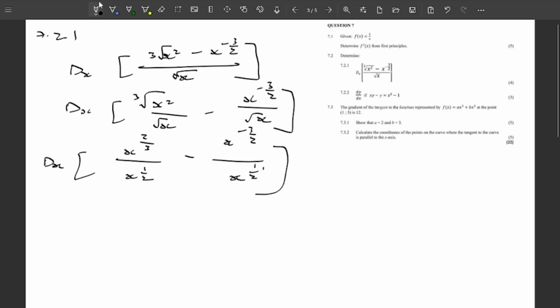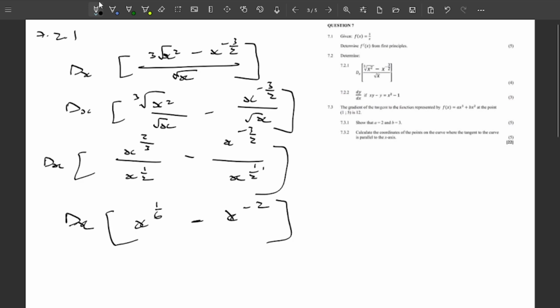So 2 over 3 minus 1 over 2 gives 1 over 6. So here it's going to be x to the 1 over 6, minus x to the minus 3 over 2 minus 1 over 2, of which our answer here is x to the minus 2.